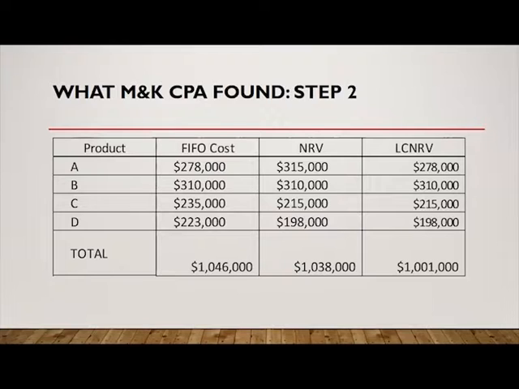We determined that the total net realizable value of their inventory was $8,000 less than their inventory's carrying amount. We also determined the lower of cost or net realizable value for each of their inventory items, and then summed them to find that if this method was applied to each inventory item separately, their inventory's value has fallen $45,000.